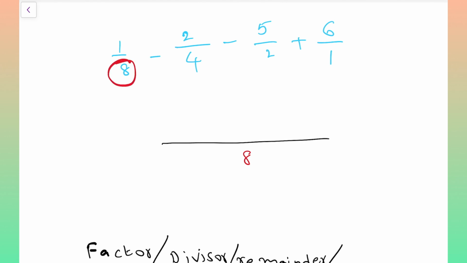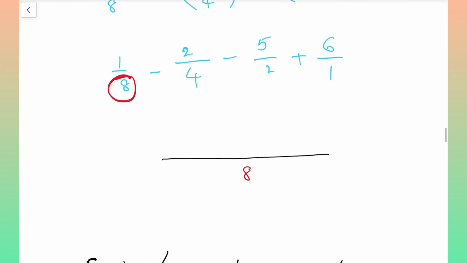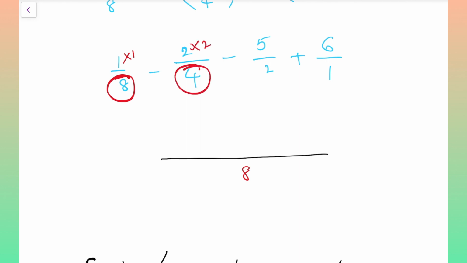In 8 table where we will get 8, 1s are, so multiply with 1. In 4 table where we will get 8, 2s are, so multiply with 2. In 2 table where we will get 8, 4s are, so multiply with 4. In 1 table where we will get 8, 8s are, so multiply with 8.